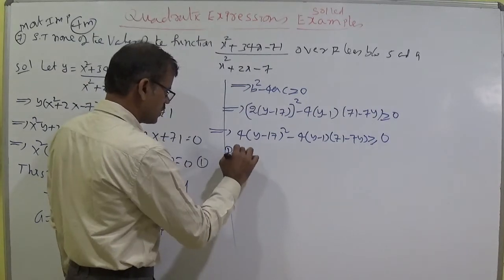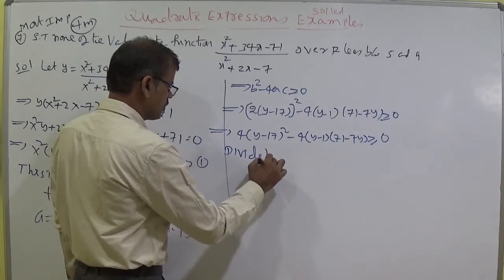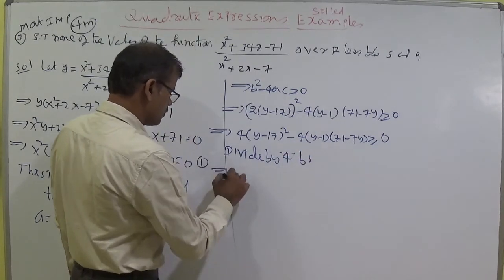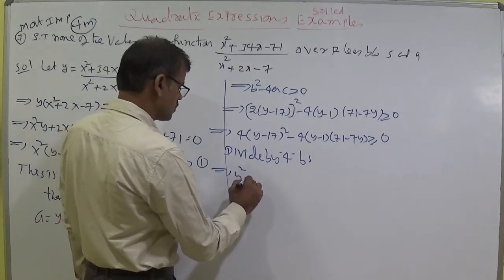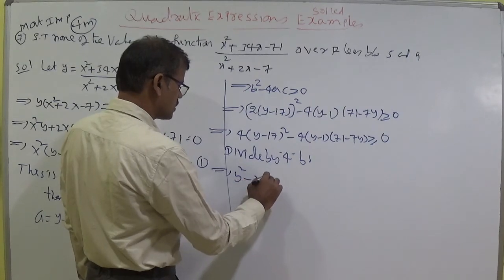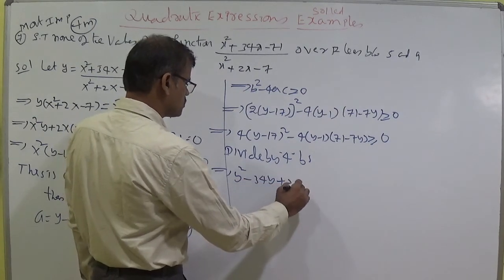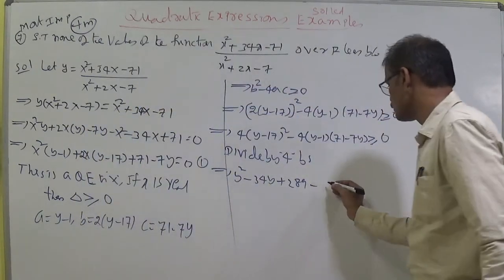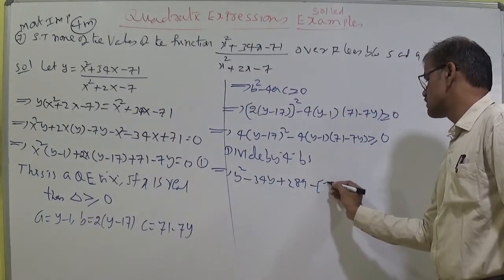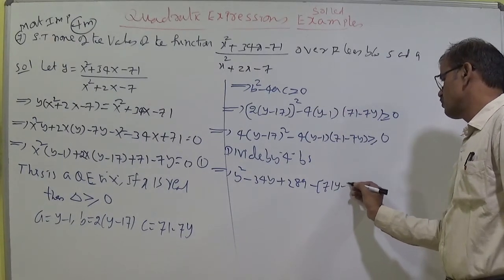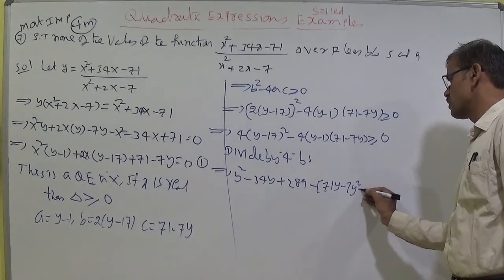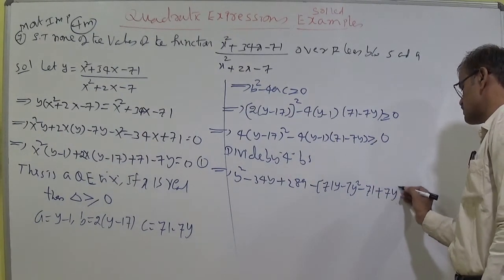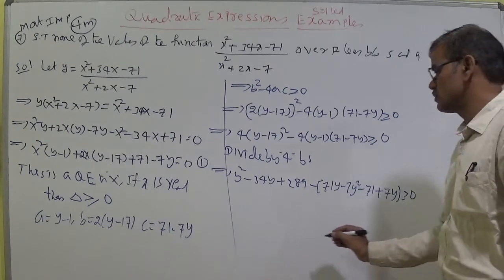Now divide by 4 on both sides. Expanding this, we get y square minus 34y plus 289, minus, multiplying this out, 71y minus 7y square minus 71 plus 7y greater than or equal to 0.